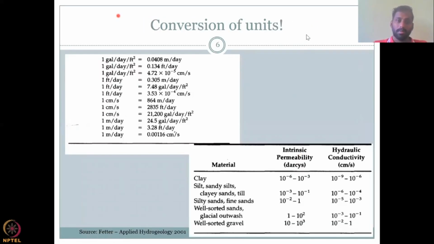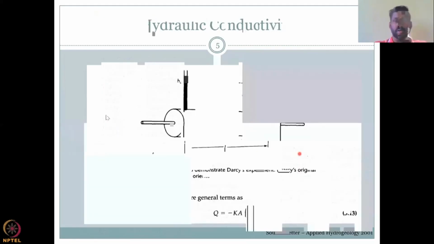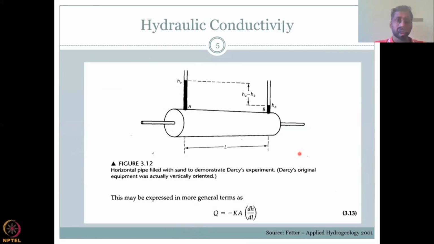Moving on, please understand there are lots and lots of units for these values. It can be expressed as gallons per day per feet square or meters per day. It's all in L by T dimension, which is length by time. If you divide the gallons, which is a volumetric term, by area, you get one length, and the day is your time.